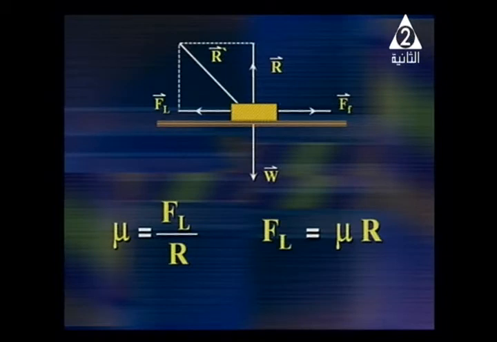When you find mu, the coefficient of friction, we divide the force over the reaction force. If we find the friction force, we multiply the coefficient of friction mu by the reaction force R.